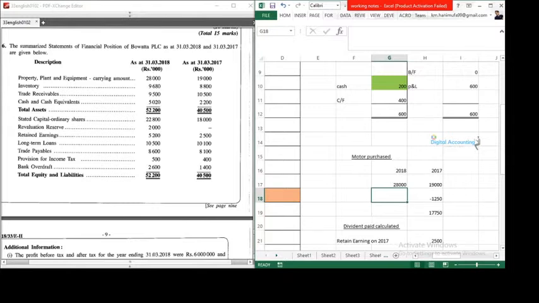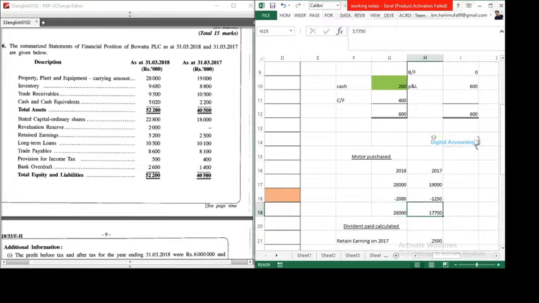This revaluation gain was also included in 2018, so we need to deduct this amount. If you deduct it, you get 26,000 rupees.